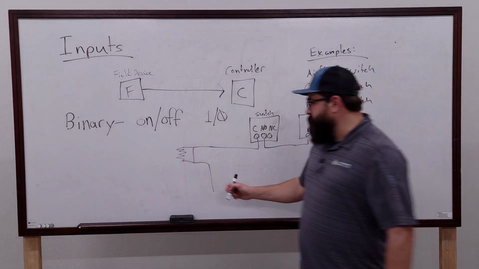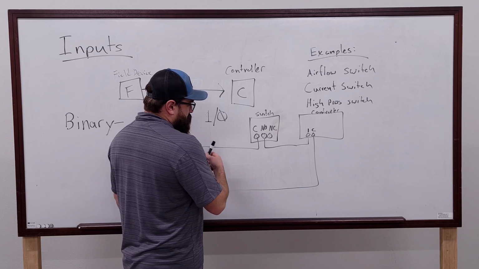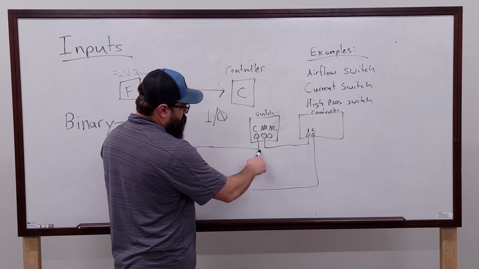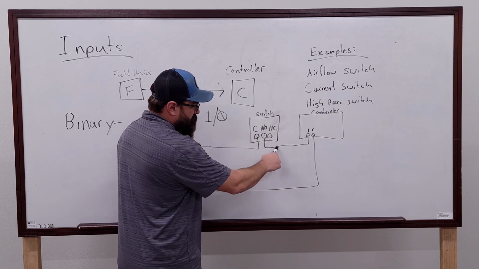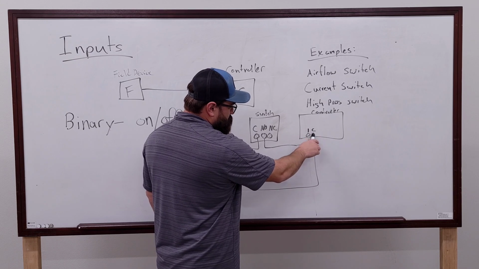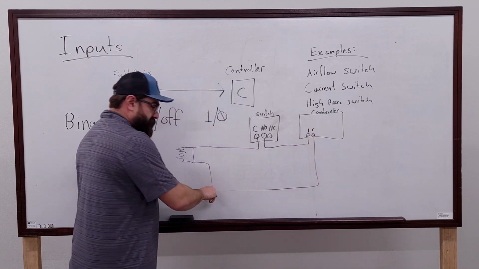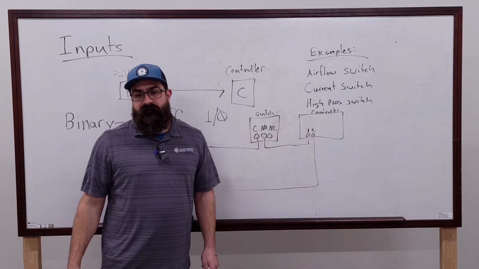So you have a transformer. Typically, I would take the common side, run it through your switch. The switch closes, completing a loop, sends back to the input, and then the other side of your input is wired back to the transformer. So you're sending a 15 volt signal, basically.